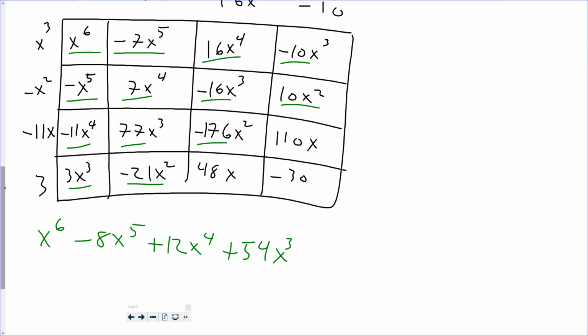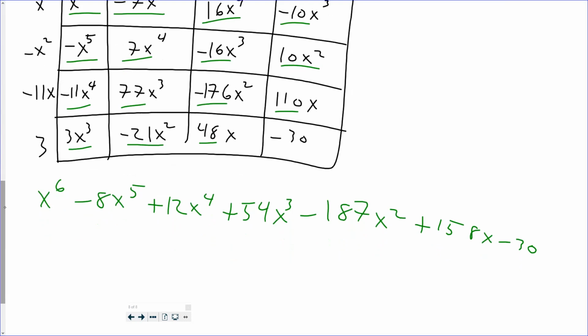Then my squares, I have negative 11x squared, negative 187x squared. Then 158x minus 6. Is everyone with me? I know it's a lot of work, but we're finally done, right? We got my polynomial, what it should be.